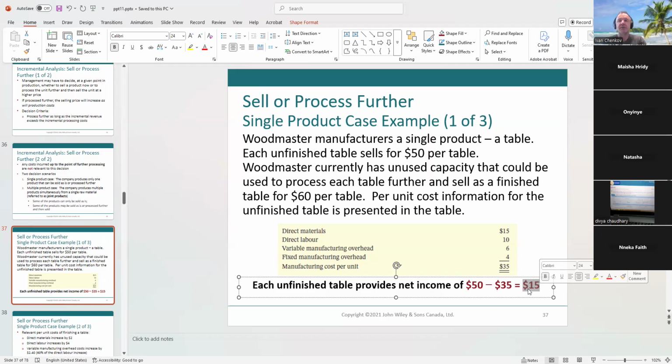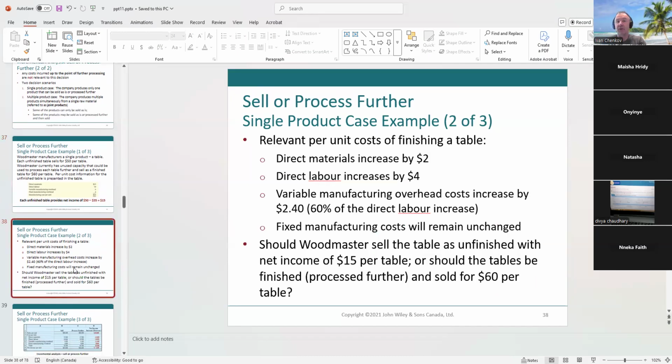Now the question is, shall we go further? If we decide to go with the finished table, direct material is going to increase by $2, direct labor by $4, and variable manufacturing overhead by $2.40.